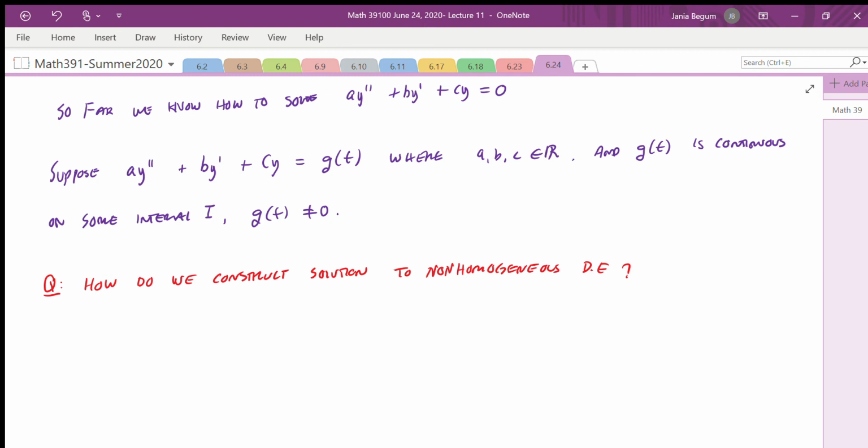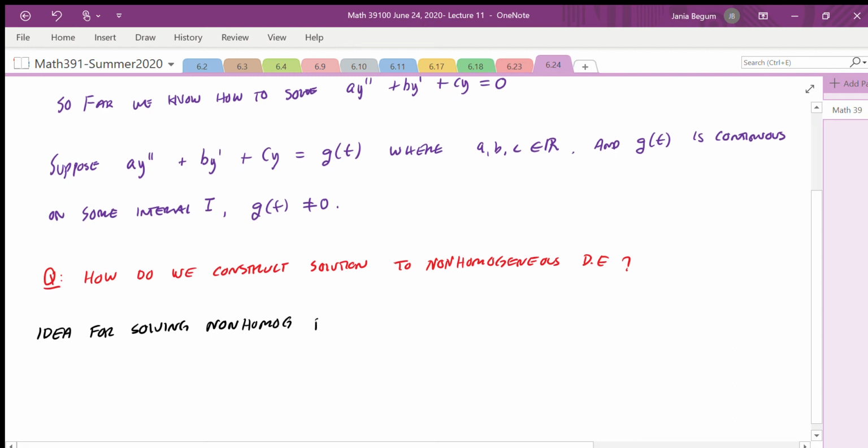So here's the idea for solving these differential equations.